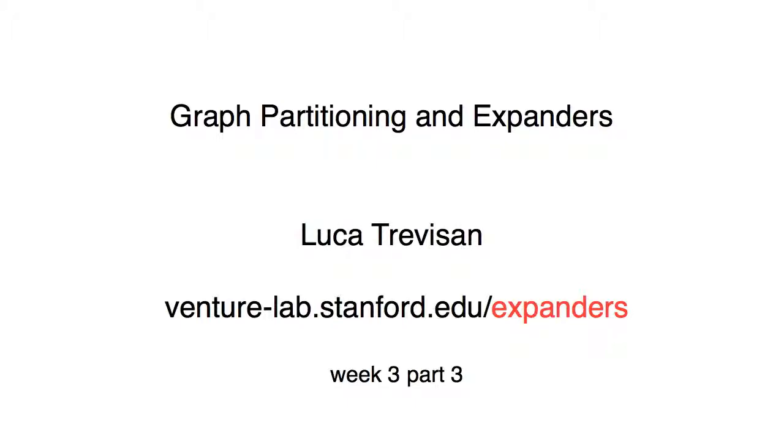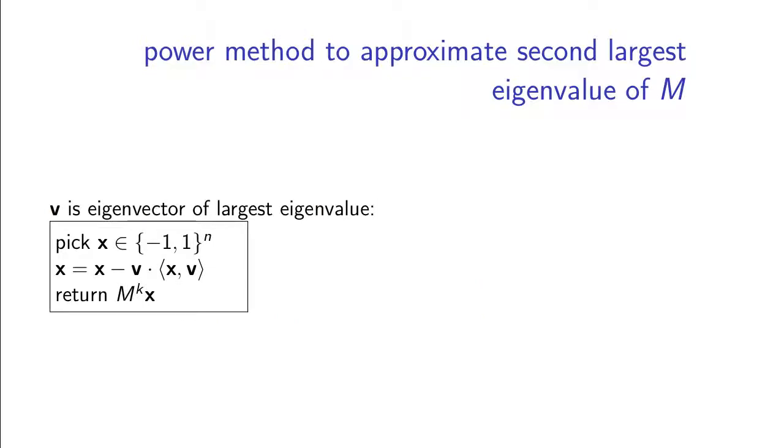We are going to see two examples of how the power method approximates the second smallest eigenvalue of the Laplacian of a graph.